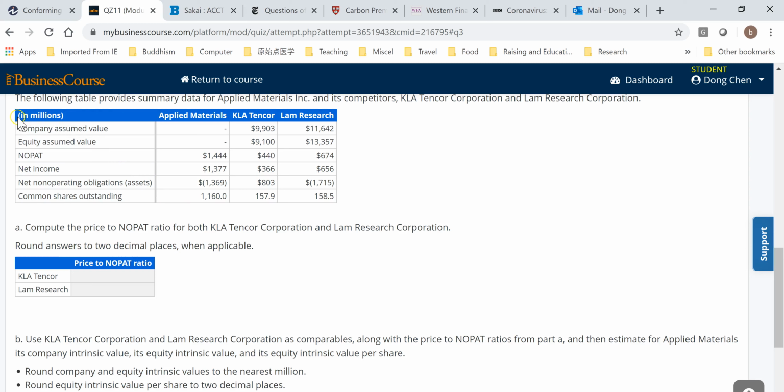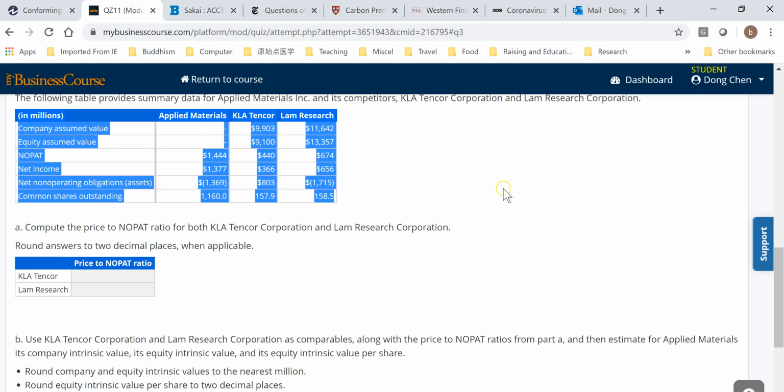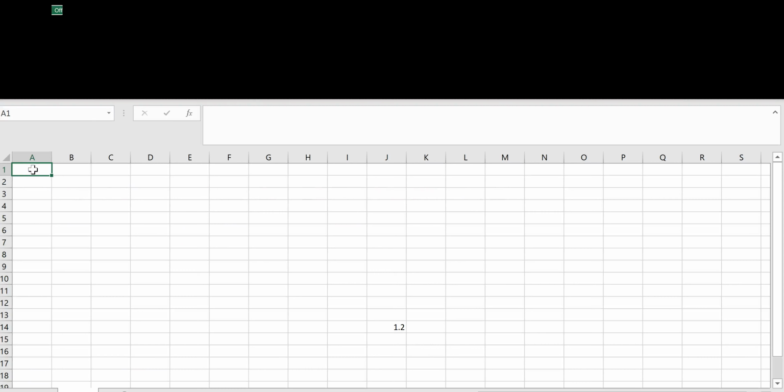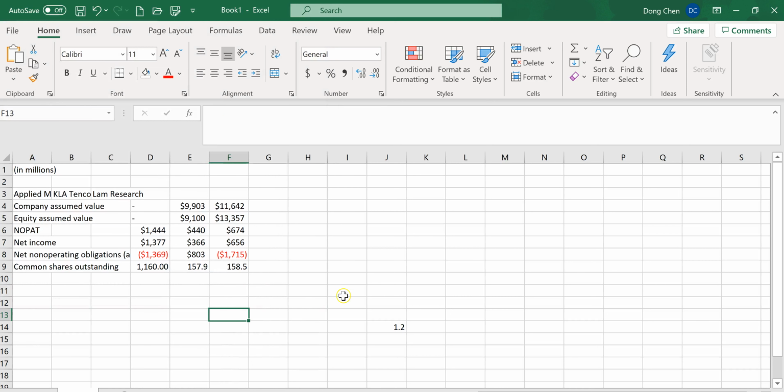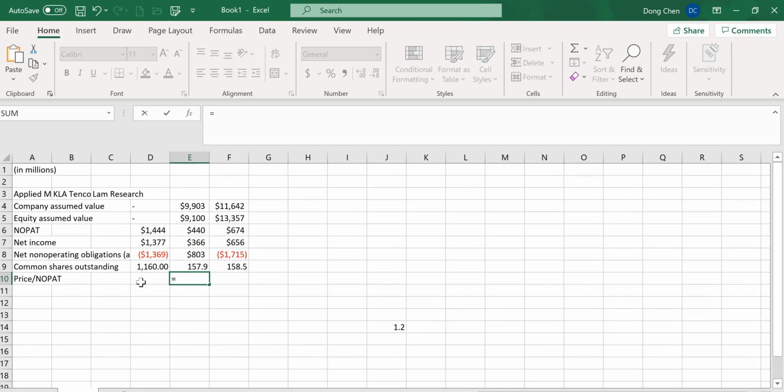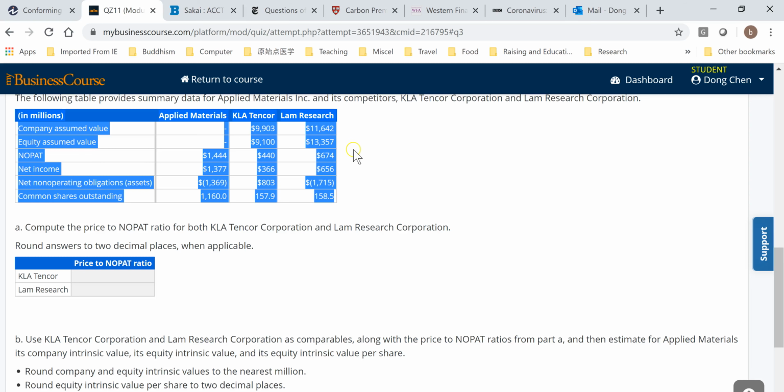So let me first copy this data table to my worksheet, so we can just directly work in this worksheet. And the price to NOPAT ratio is defined to be company assumed value divided by NOPAT.